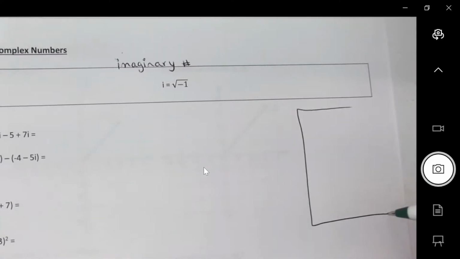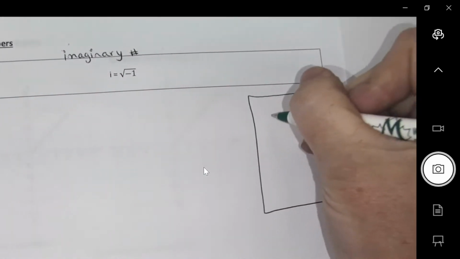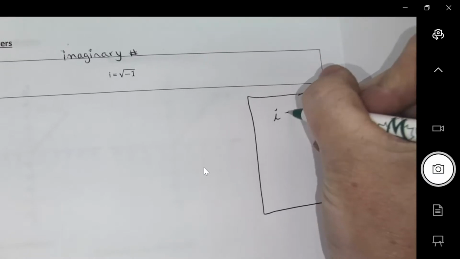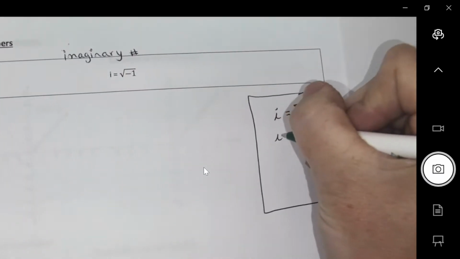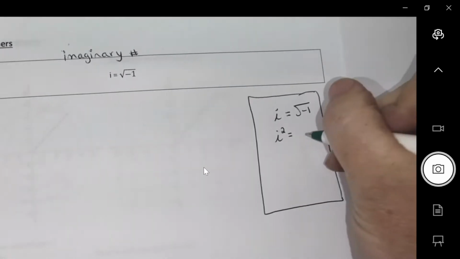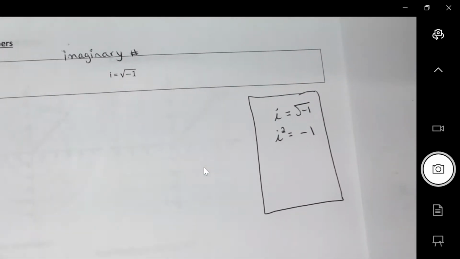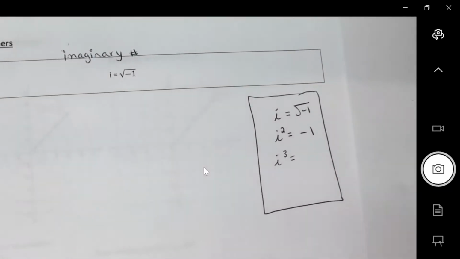Maybe we'll do a little box over here. If you want, you can do this. So i equals the square root of -1. What would i squared equal? -1, because you square that. Then what would i cubed equal?